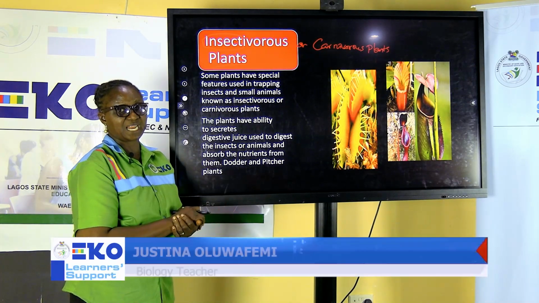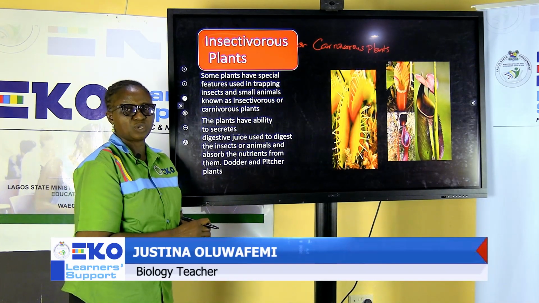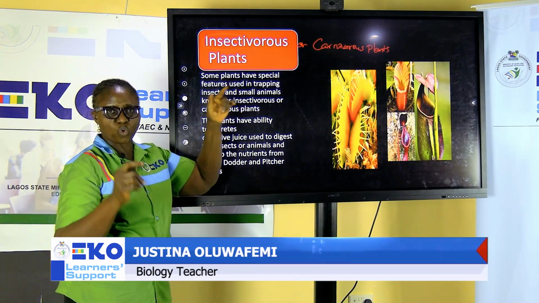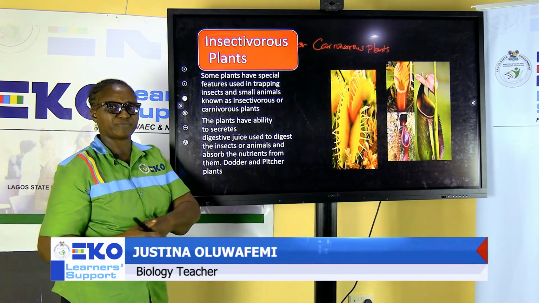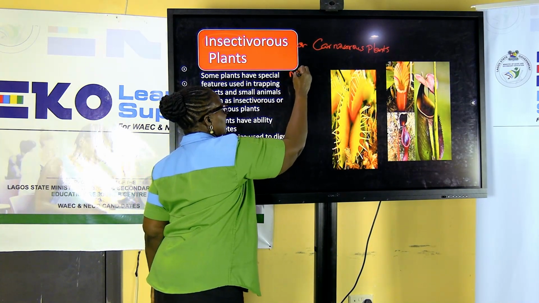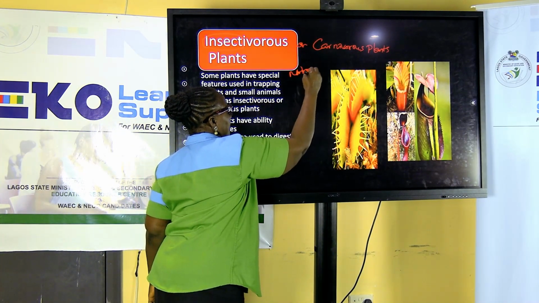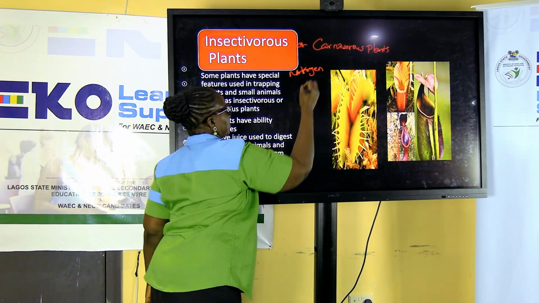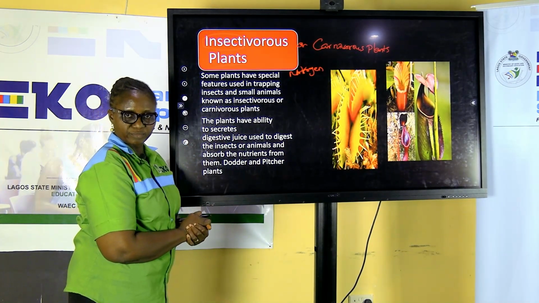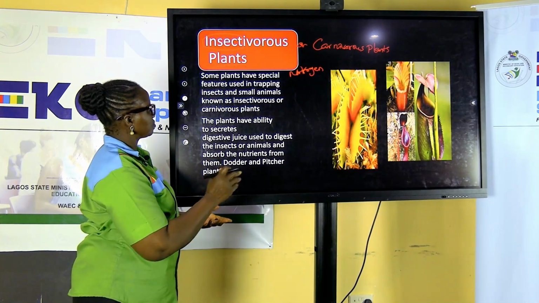You know, nitrogen is an element that is very important to the development and activities of the cell. So for these plants to carry out a number of their cellular activities requiring nitrogen, they feed on insects or small animals.